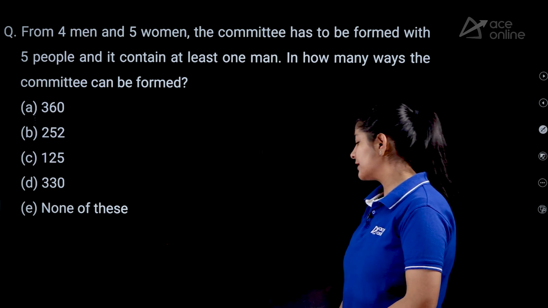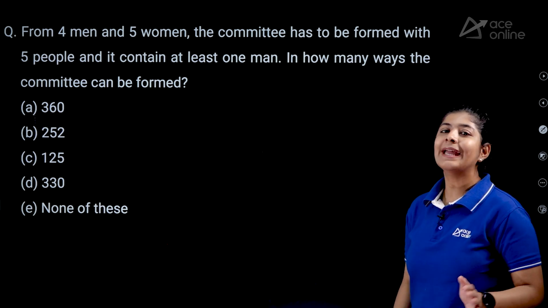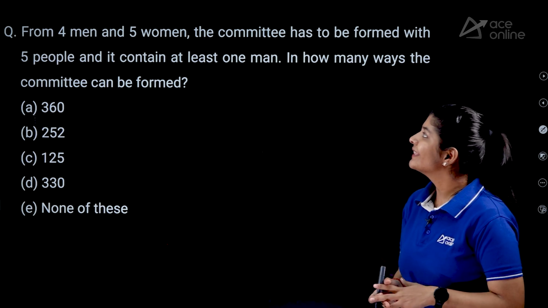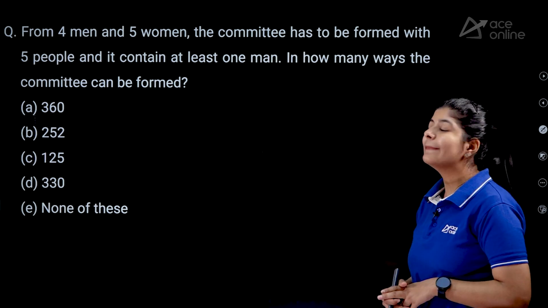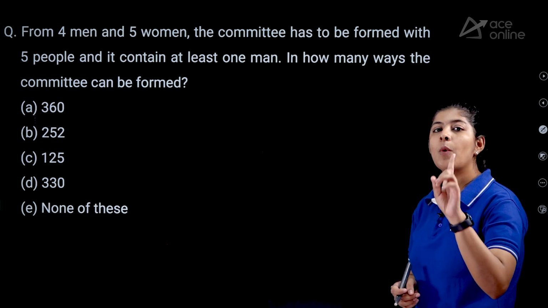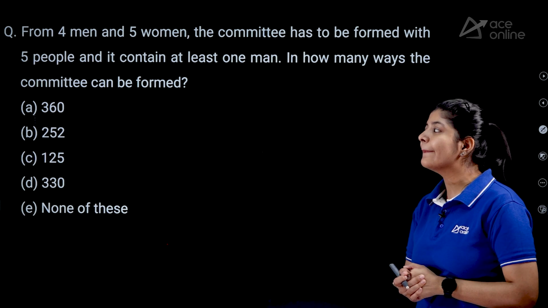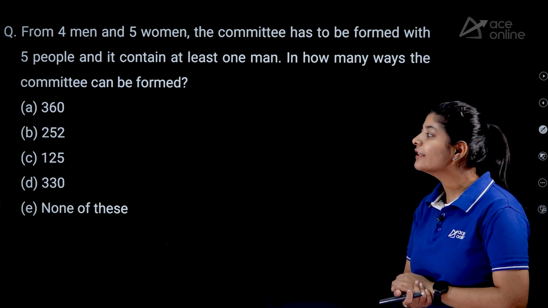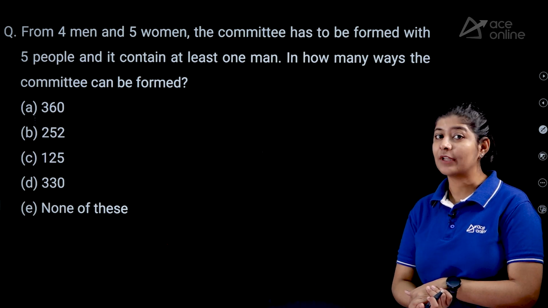The next question says that from 4 men and 5 women, a committee has to be formed of 5 people and it contains at least 1 man. In how many ways can the committee be formed? And here we have our options. Again, this is a very simple question that you have to solve.